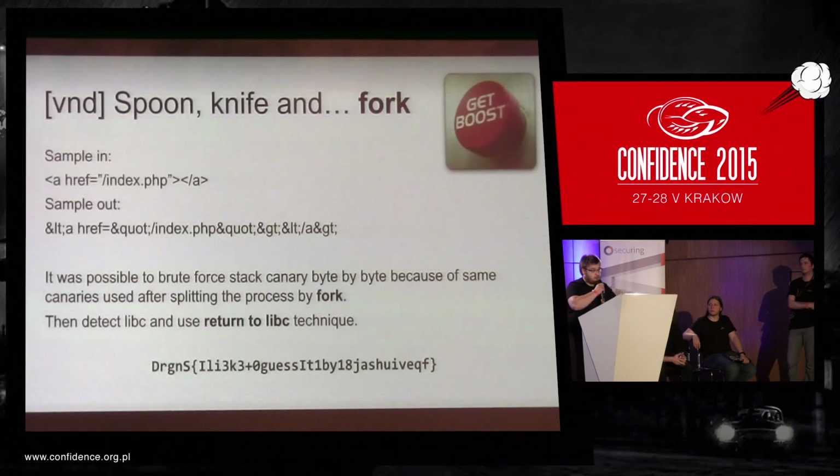So the cookie was always the same, and this way you can brute force the cookie, then brute force the return address, find the libc address, and use the return-to-libc technique to just cat the flag that was in the same directory as the executable was running.